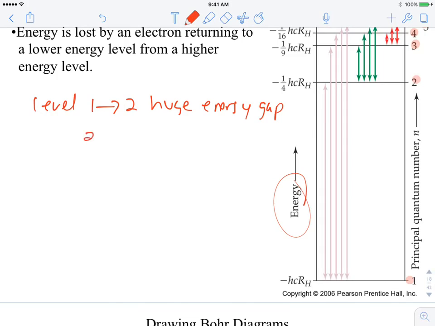Between 2 and 3, there is a smaller gap, and then it gets smaller and smaller. Between 3 and 4, it's even smaller.